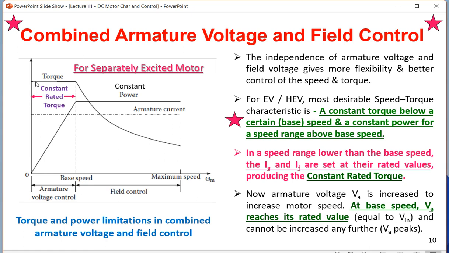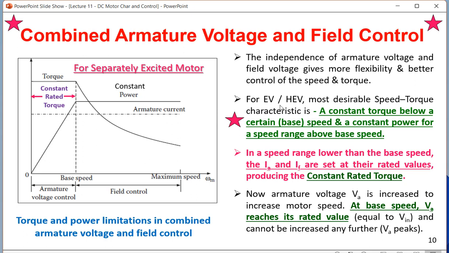So if you see the torque characteristic and power characteristic, you mix them, and this is the ideal characteristic of an EV. So what is the ideal characteristic? From 0 to base speed, you are going to have a constant torque, that is the starting part of the vehicle, and after that whenever you are trying to increase the speed, at that time the power will remain constant. At that time torque will reduce. So this second sentence is very important.